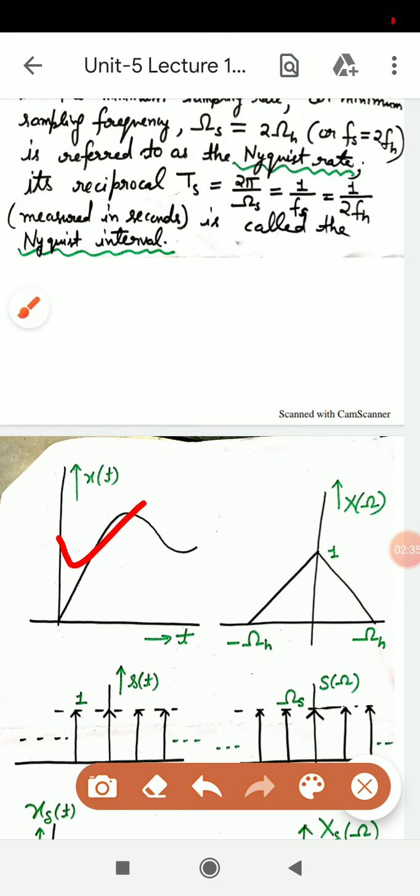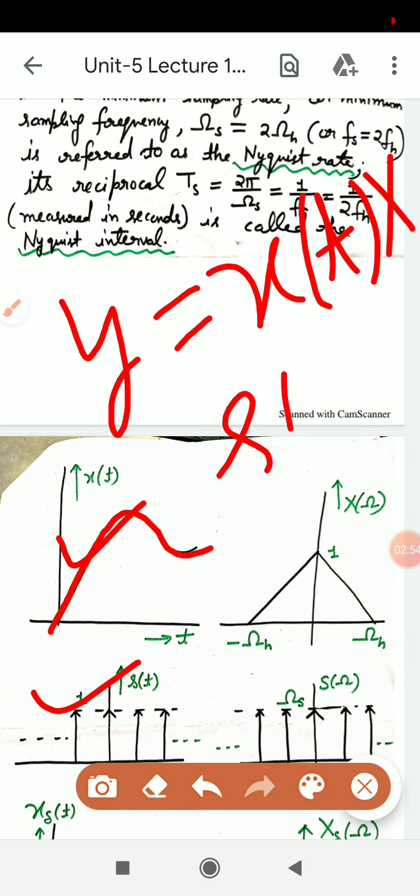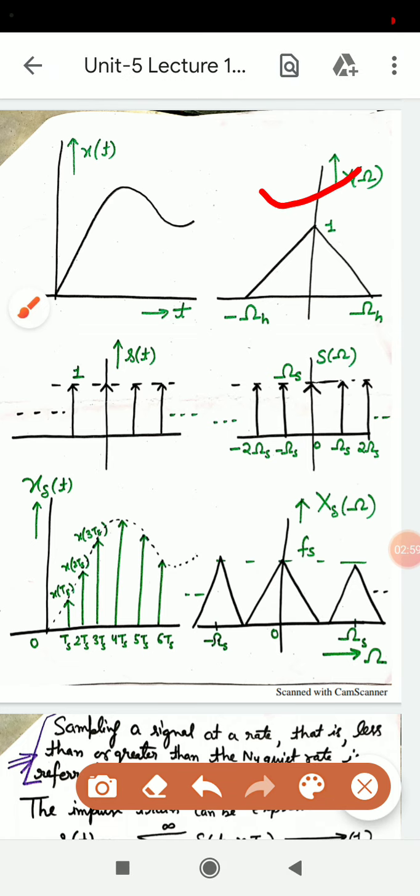This is x(t) and this is s(t). We have to convert the signal into a discrete signal, so we multiply the x(t) signal with the impulse train, denoted as s(t), and y is the output. This is the Fourier transform of x(t), shown as band limited from minus omega h to omega h, with frequency in radians per second.